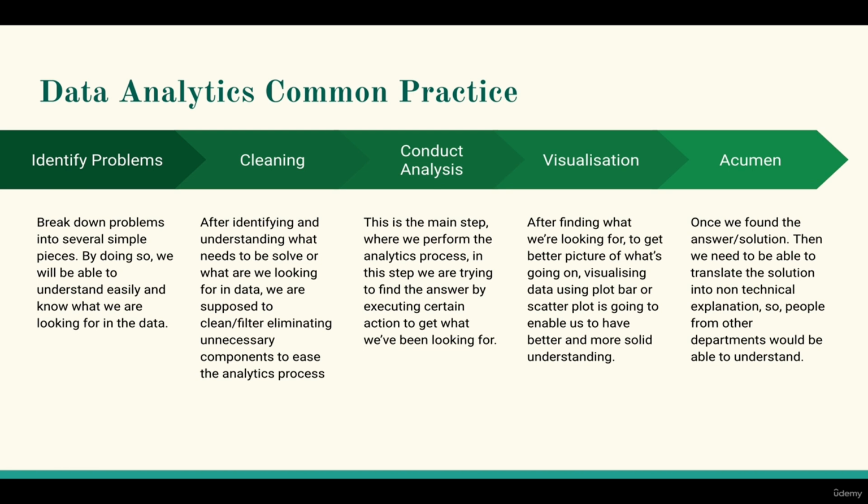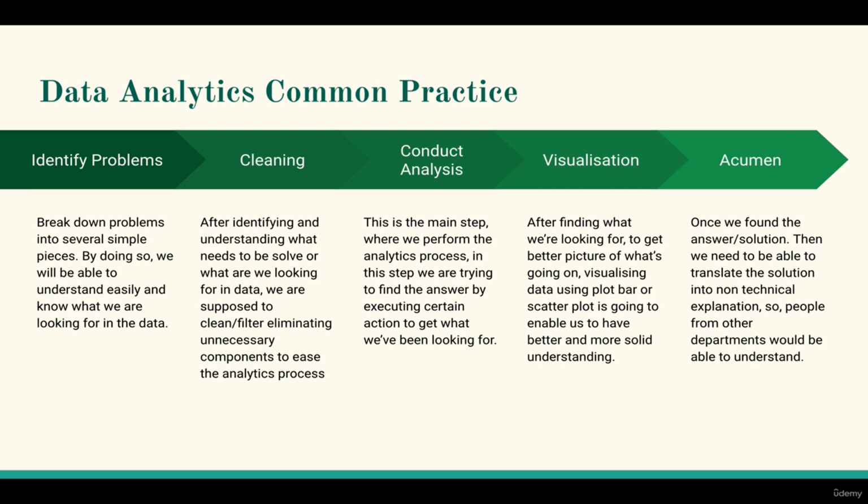So yeah, let's begin with the first one here, identify problems, right? That's the very first thing that we need to do before doing anything else. You need to ask questions like what are we trying to solve, right? What things are we trying to achieve, what objectives are we trying to accomplish here. And sometimes the question itself is too complex, too broad.